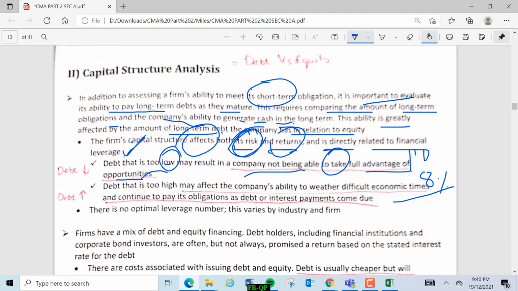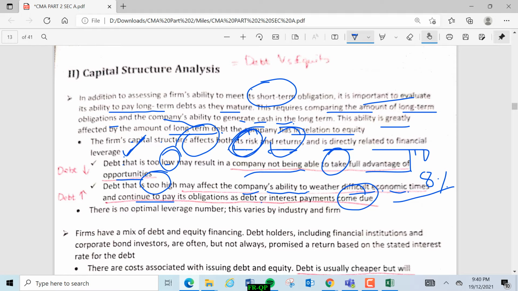Again, if the debt is too high, it may affect the company's ability to weather difficult economic situations and continue to pay its obligations, debt or interest. So in that case, what is happening? If you have too much debt also, in that case also you are not in a safe position.